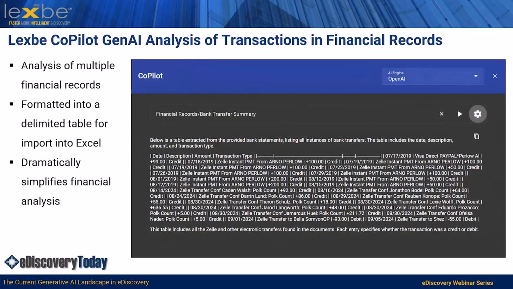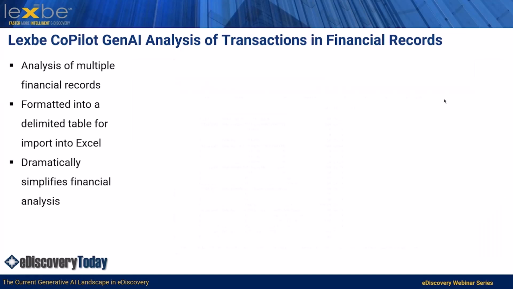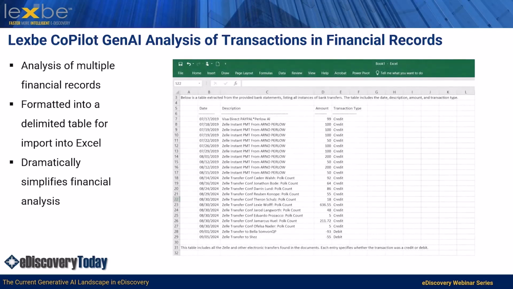It may not be greatly intuitive in the delimited format as shown here, but when you load that data into Excel as a delimited format file, you get an Excel table of transactions that gives you a head start of analyzing financial records. So this is another example of how Gen AI not only retrieves important information related to your case, but does so in a manner that enables you to run with the information gathered to prepare exhibits that support your case.